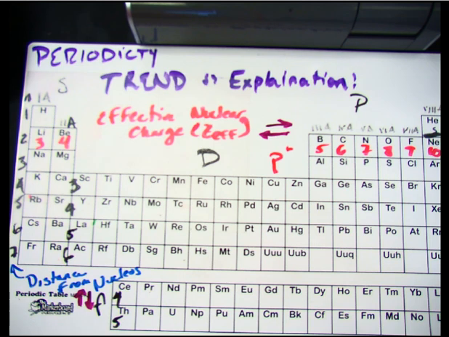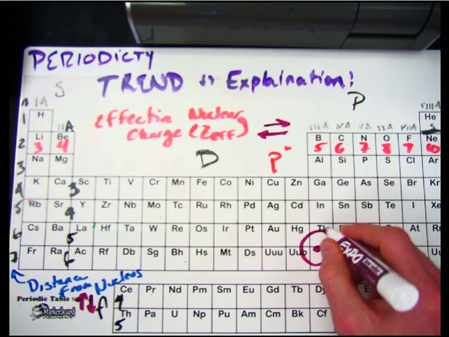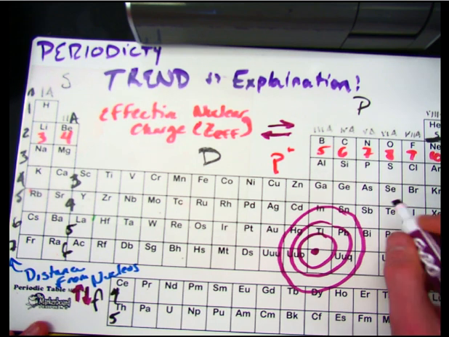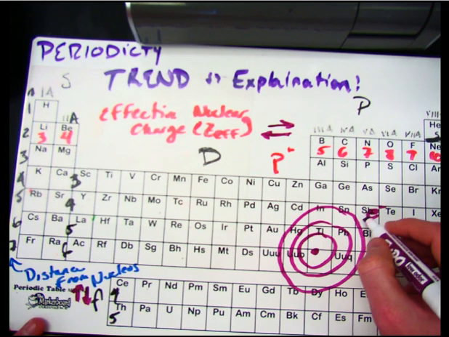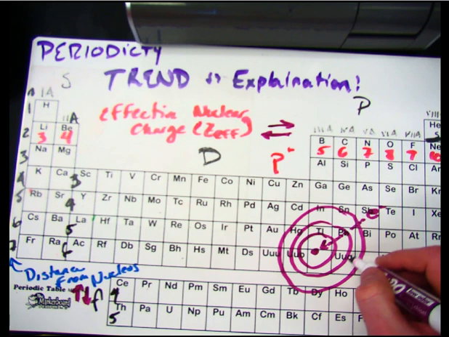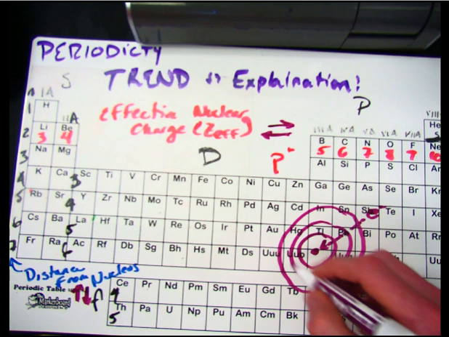Along those same lines, if I have a nucleus and I have more shells around it, the further out it is, any electron that wants to come and be attracted to that nucleus has to go through these shells. Those shells will shield the nucleus.